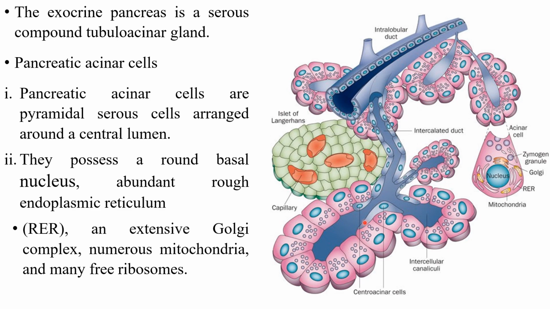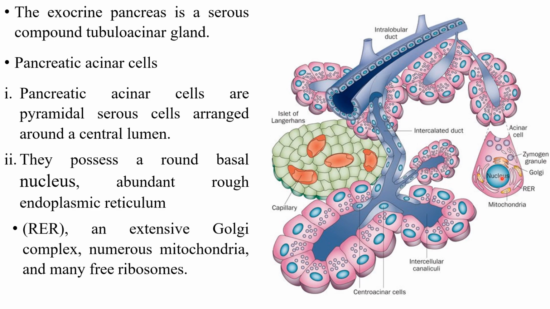You can see here there is a lumen at the center, and these are surrounded by many acinar cells. They possess a round basal nucleus. You can see here the nucleus is round and it is present at the base of the cell.